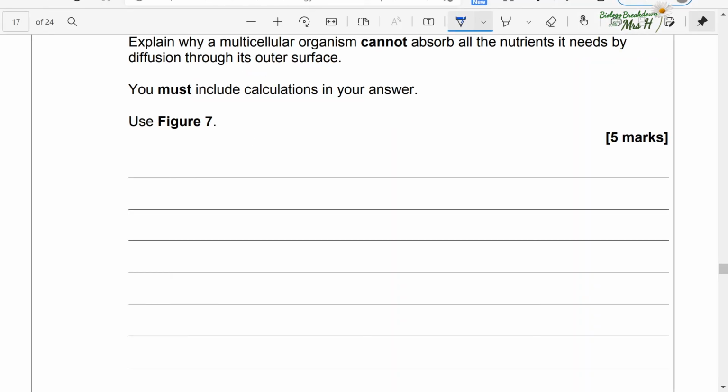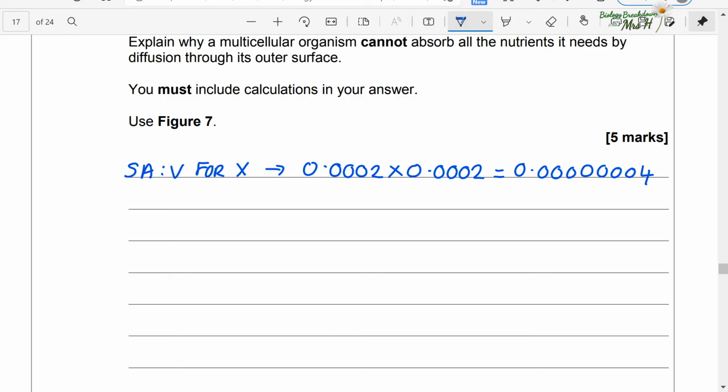So let's start with the surface area to volume ratio for X. We've been given the measurement 0.002. We know that we need to find the area of one side of the cube. So that's 0.002 times 0.0002, which equals 0.0000004.